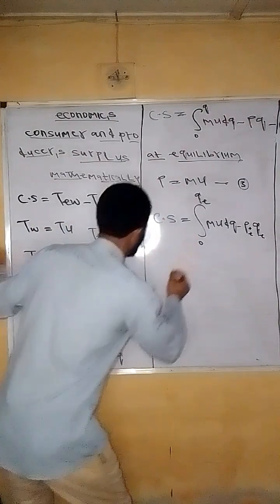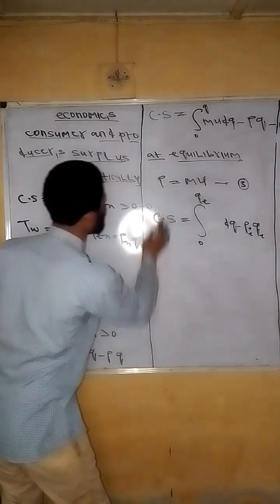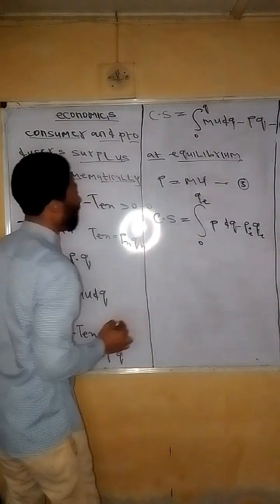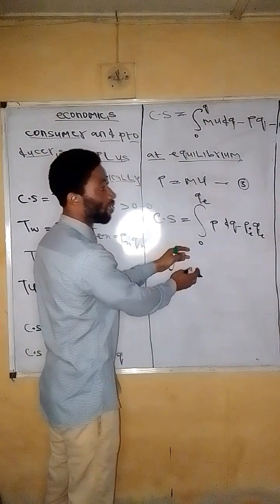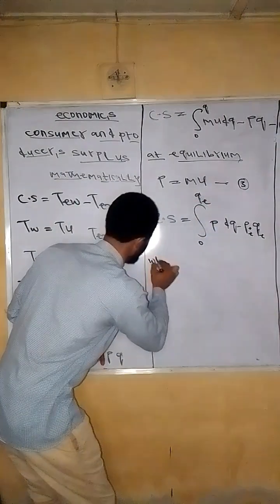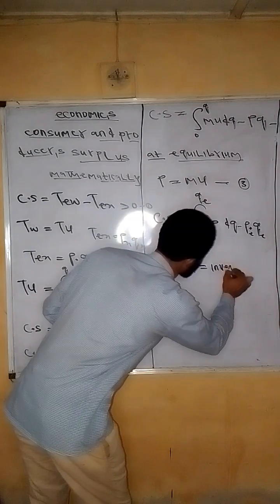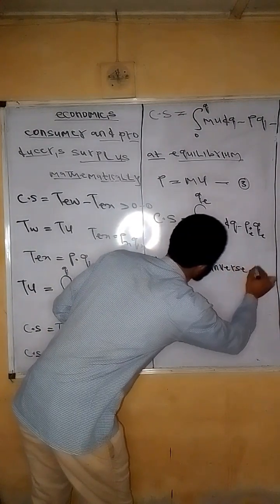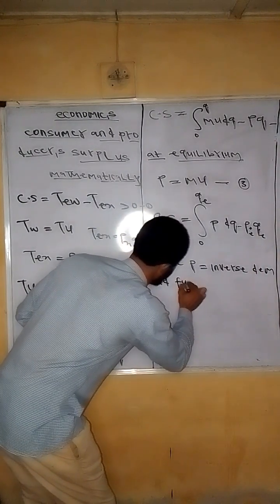Now, please take note, since at equilibrium P is equal to MU, we are going to have the consumer surplus equation as CS equals the integral from 0 to Q of P(Q) dQ, where P is the inverse demand function.